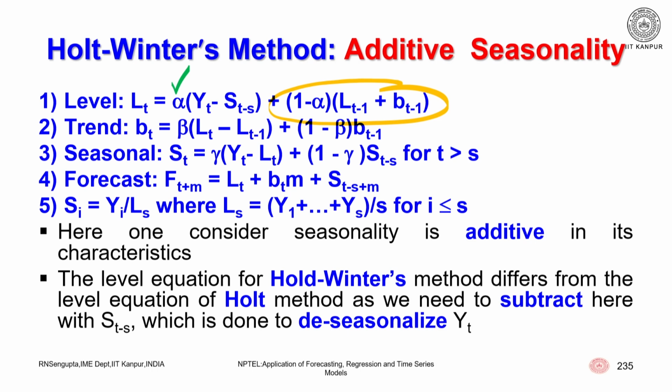If you look at it closely, there were the weights of alpha and 1 minus alpha given to the factors L_{t-1} and B_{t-1}. But now the total weightage, when you want to find the level, is split into three components: one is the past level, one is the past trend, and one is the component of seasonality, which is coming into the picture.